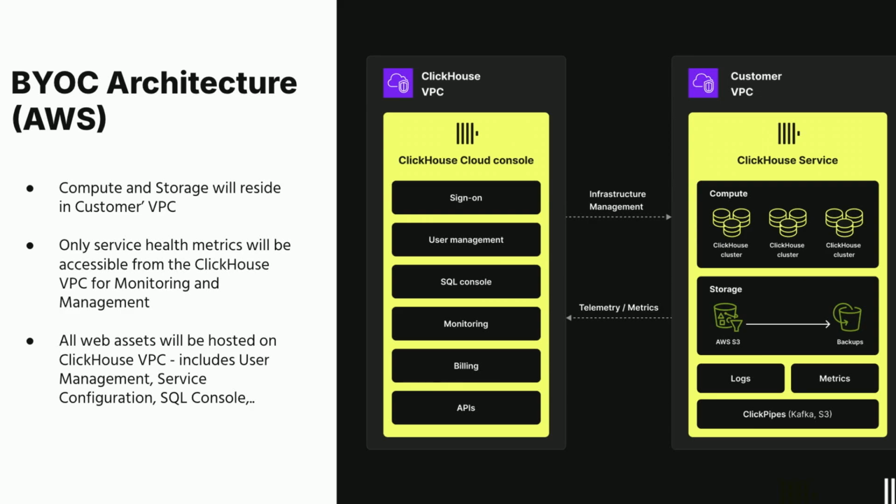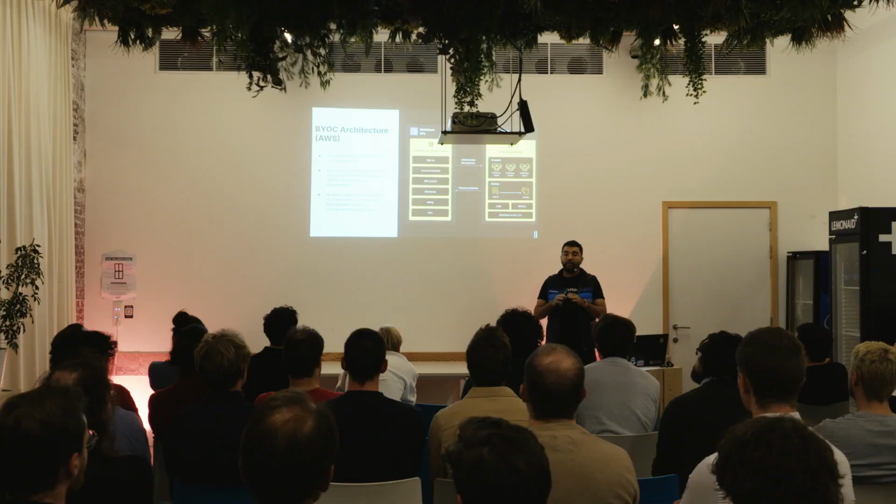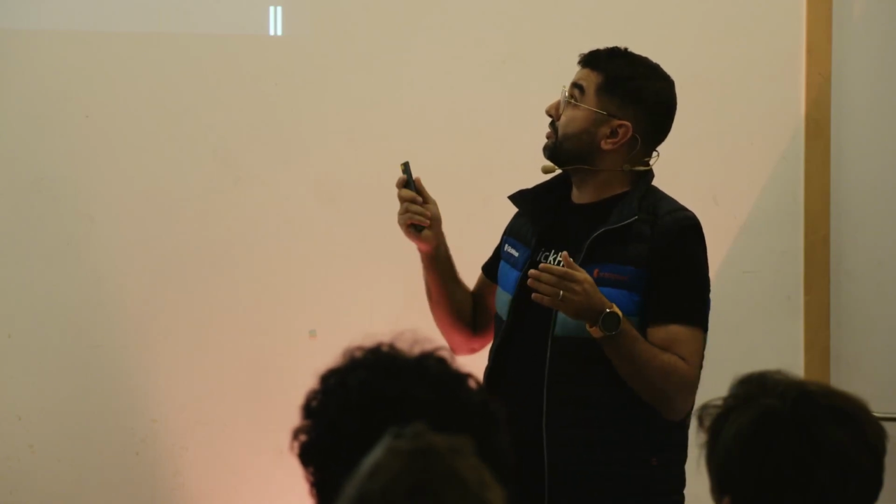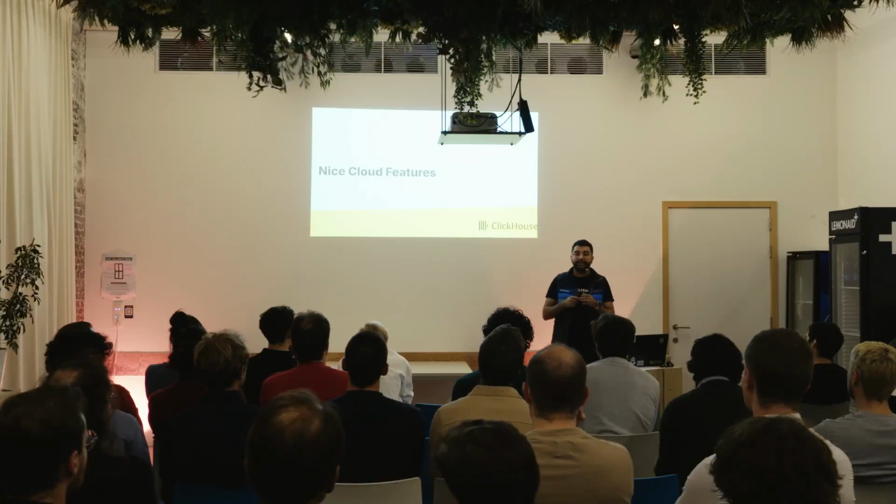This way, we ensure that the data never leaves your VPC. It fits very well with users that have data protection requirements or that negotiate their resources very well with the cloud provider.